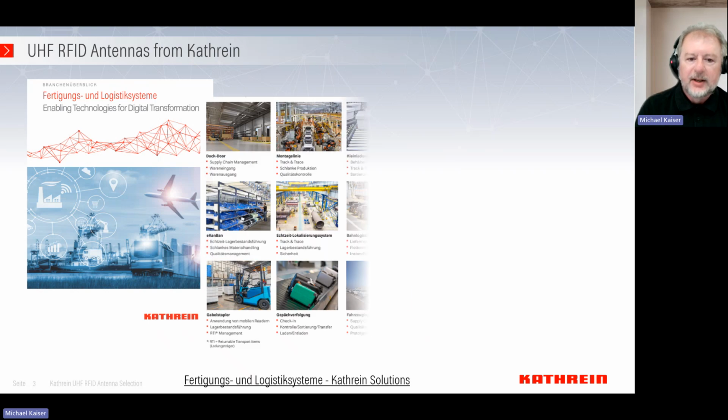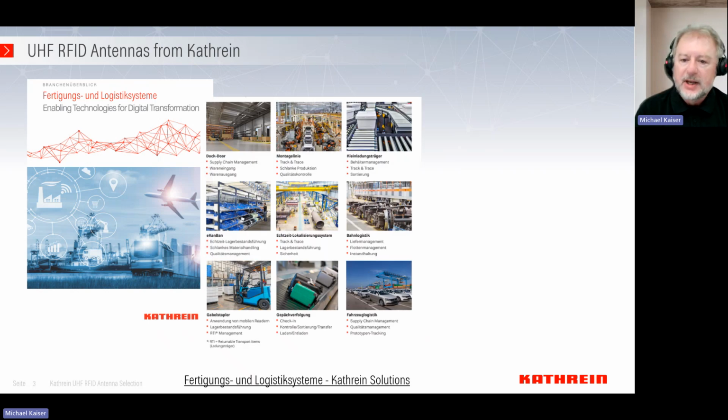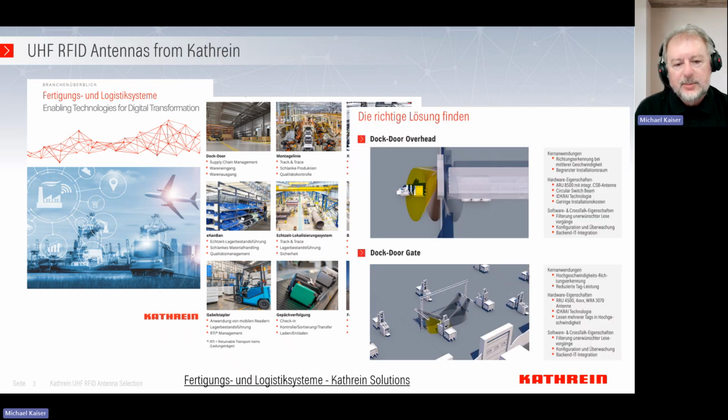There you can find a lot of different applications based on logistics and production, such as typical dock door solutions, supply chain, but also Kanban systems and so on. Here we also show you detailed information, like the dock door overhead solution and the dock door gate solution, and also information on which antenna and which hardware is selected.